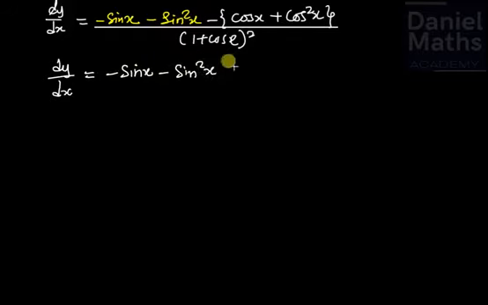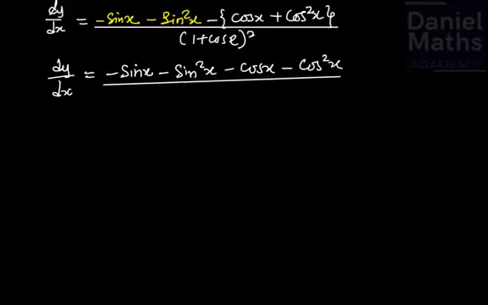Then if I open up this bracket, this gives me minus cos x, and this gives me minus cos square x. And all of this is being divided by 1 plus cos x all squared.